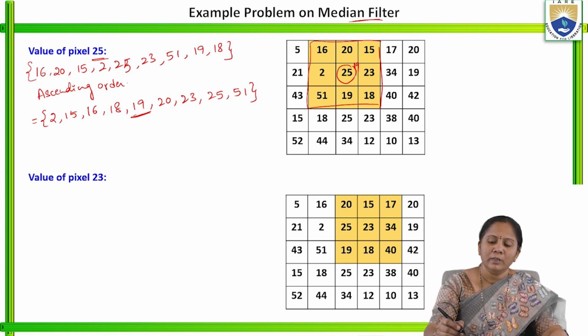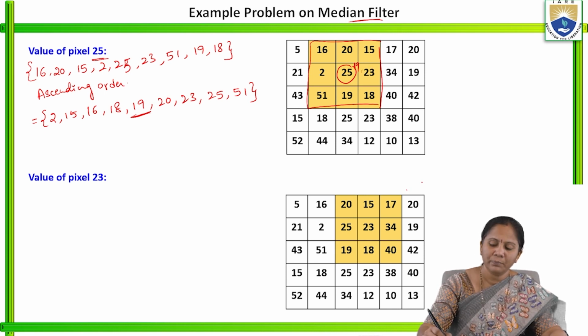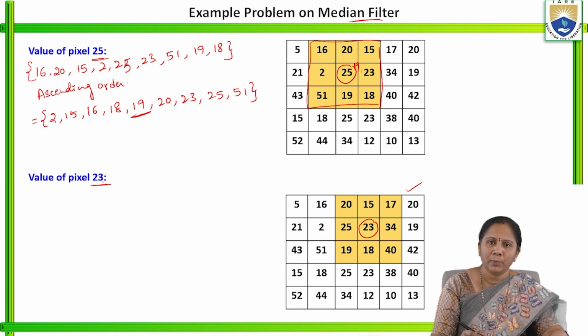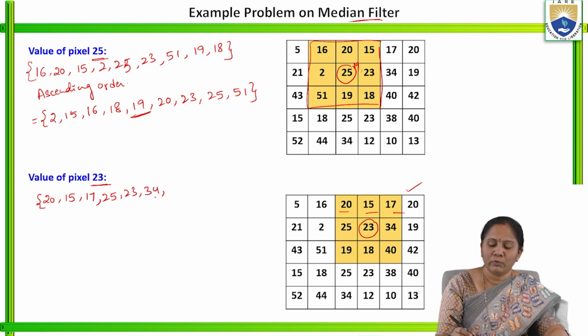Similarly, if we shift this mask towards the right by one column, then this 23 will become the center pixel. This is how the image looks. Making this 23 the center pixel, we have to find the new value for this 23. Considering all the neighborhood values, we have 20, 15, 17 and 25, 23, 34 and next 19, 18, 40.